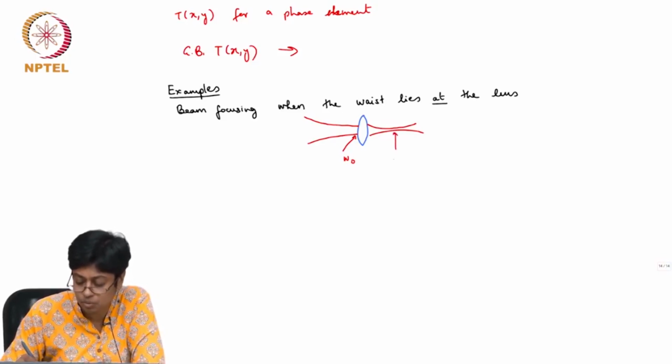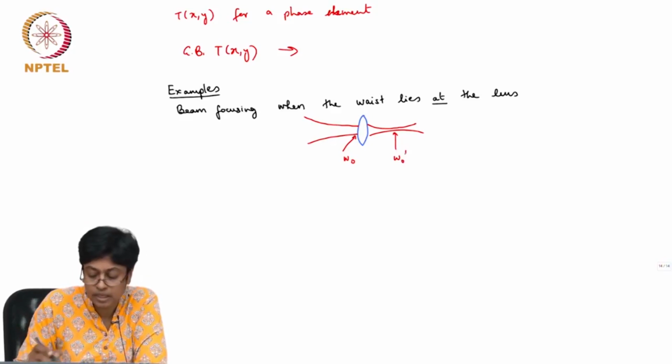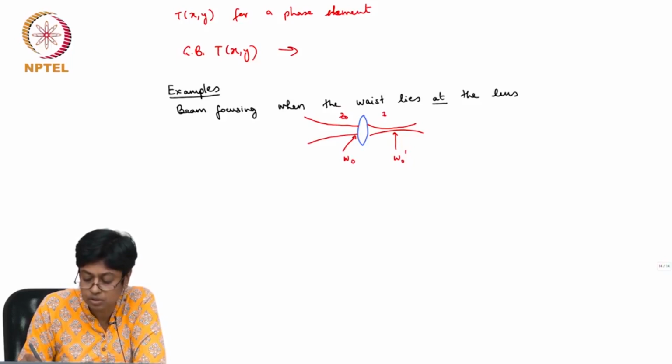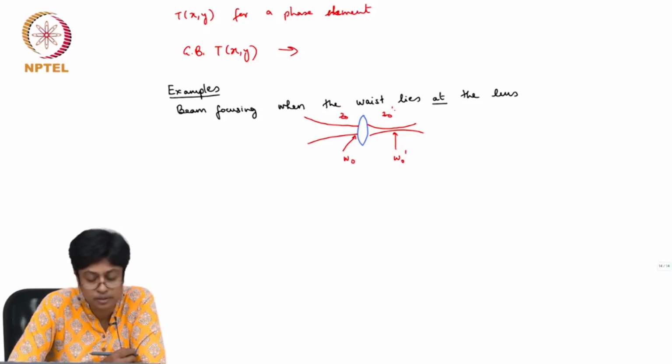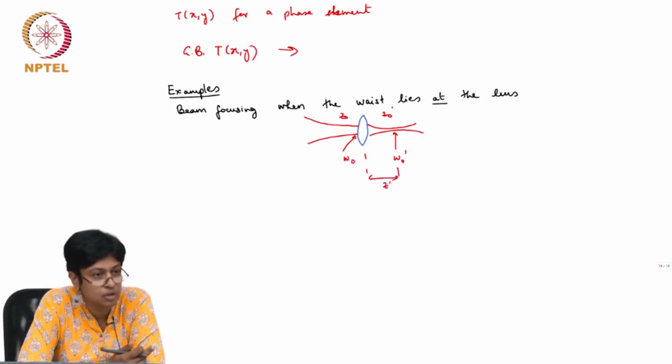This is the new omega naught dash. And there is of course a z naught before this, a z naught dash before this. And this distance now is the location of the new waist from the lens.